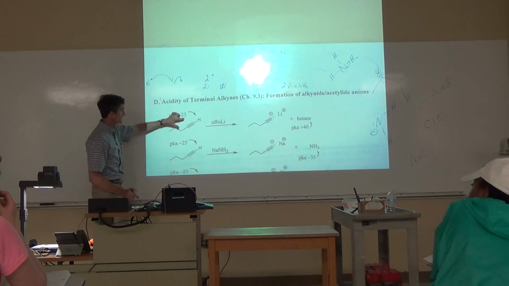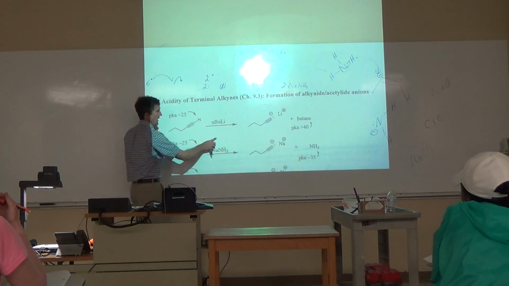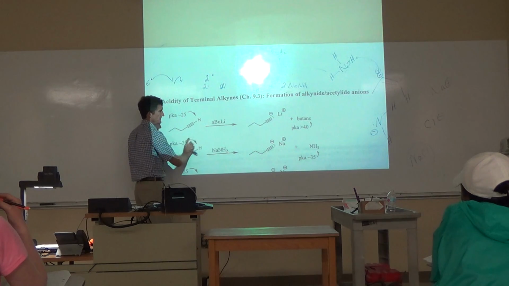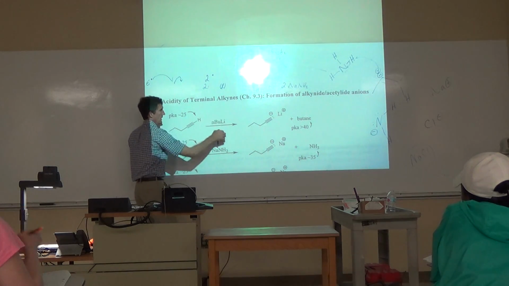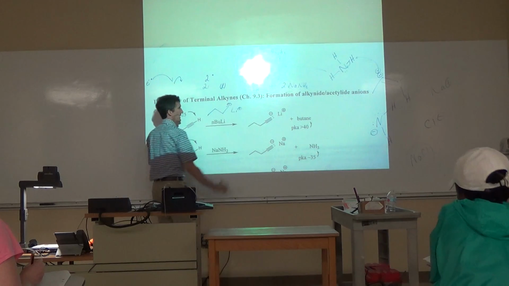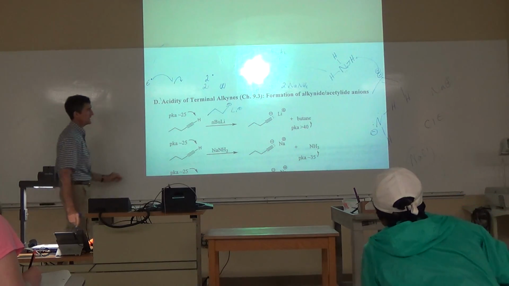Okay, terminal alkynes can be slightly acidic, pKa about 25, but not that acidic. We need a pretty strong base. A common base here is n-butyl lithium. n-Butyl lithium is normal butyl with an anion on the end, minus, and a lithium plus. It's a carbanion base.